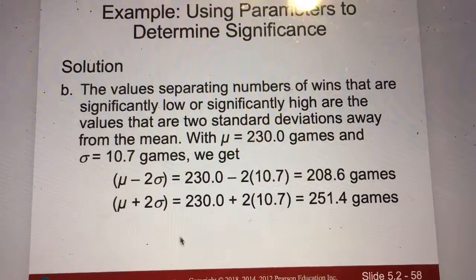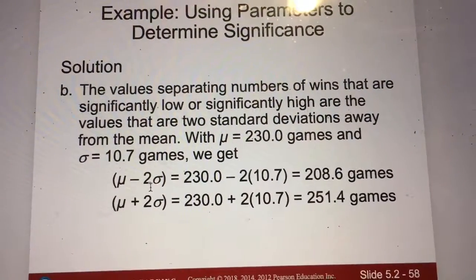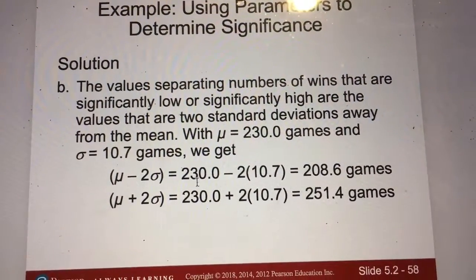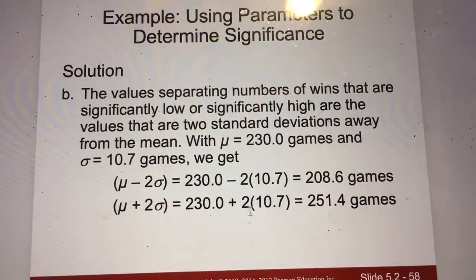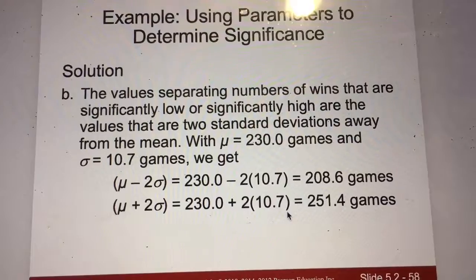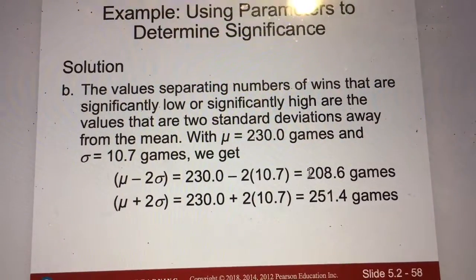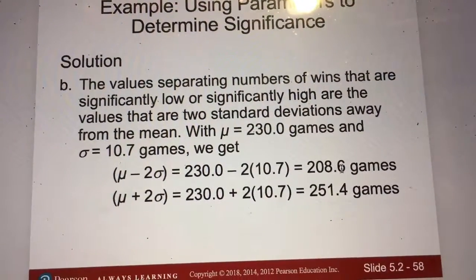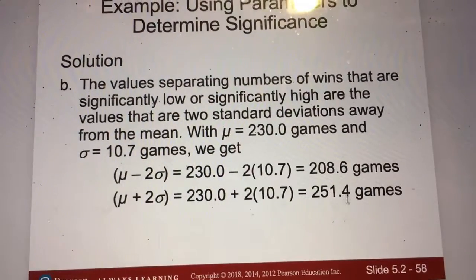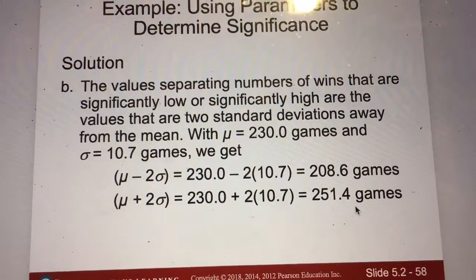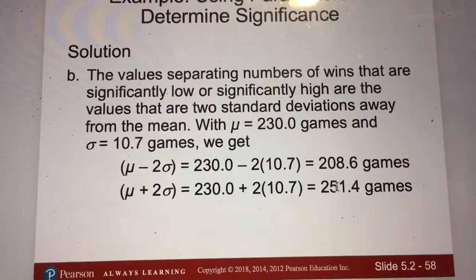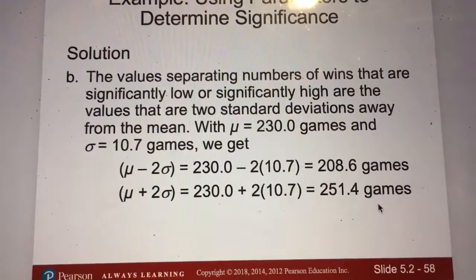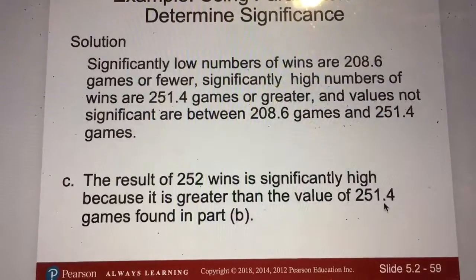So now when I go to my rule for significance here, I take the 230 minus twice the 10.7 and the 230 plus twice the 10.7. And anything in between 208.6 games and 251.4 games would be considered usual, but we were doing 252 games, which is past that and therefore unusual.